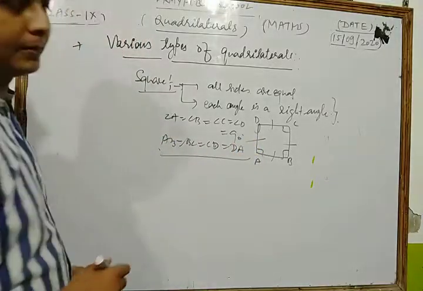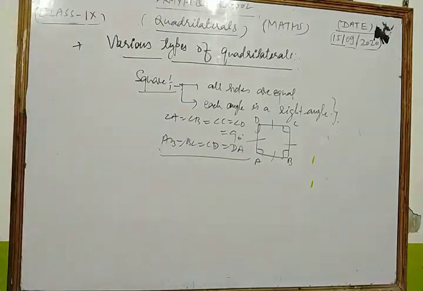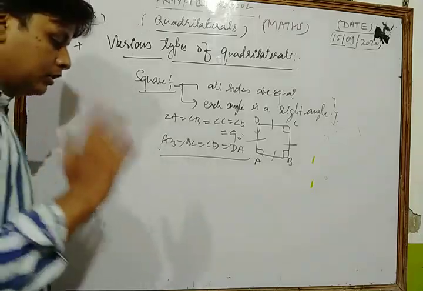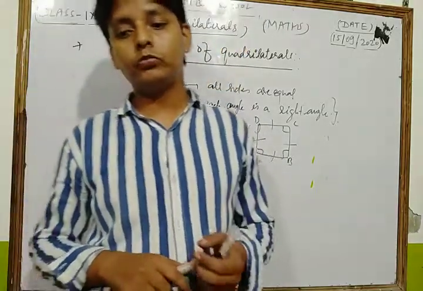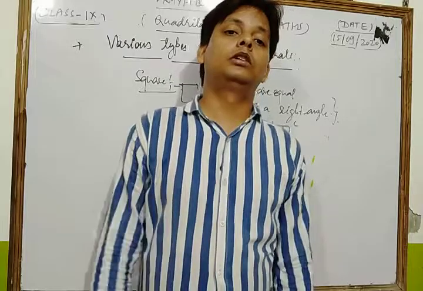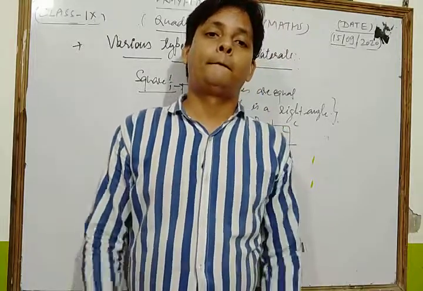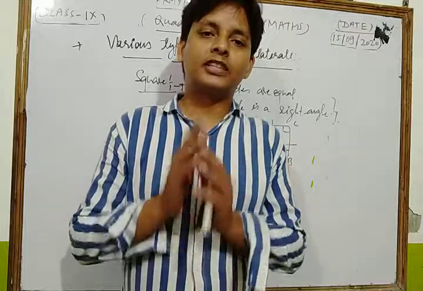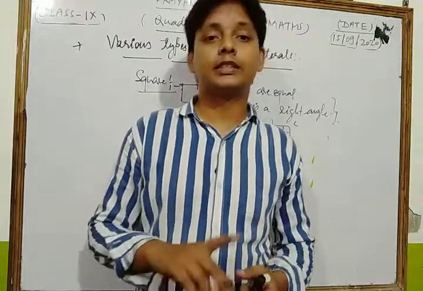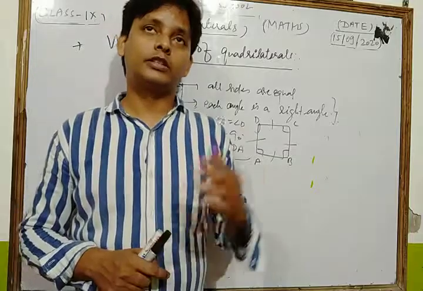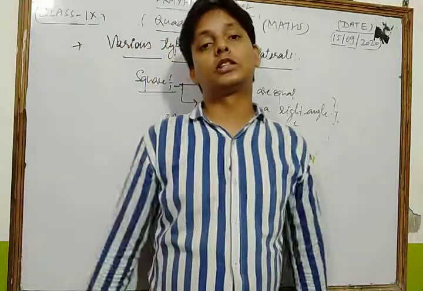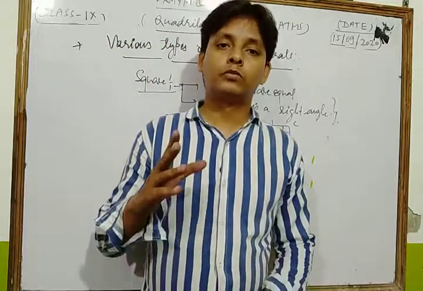So this is the concept of a square. Thus, dear students, in this way we discussed the various types of quadrilateral: the trapezium, the rectangle, the parallelogram, the square, and the rhombus.